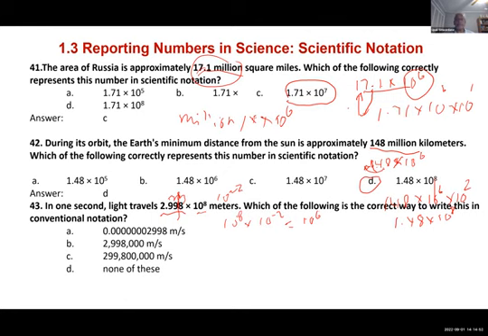So how many zeros should there be in front of this number? Then you convert this number to the following way to write this in conventional notation.